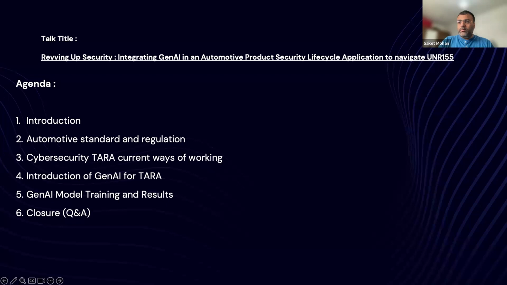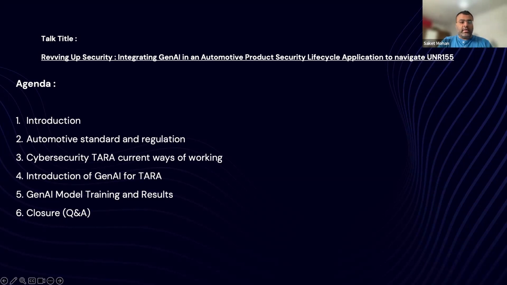So my talk will go through mainly 5 stages. A bit of introduction on the company, some guidelines around automotive cybersecurity standard and regulation for people who are not familiar with these. We then take a look at 1 or 2 slides around the current state of the art of the cybersecurity TARA, the current ways of working.